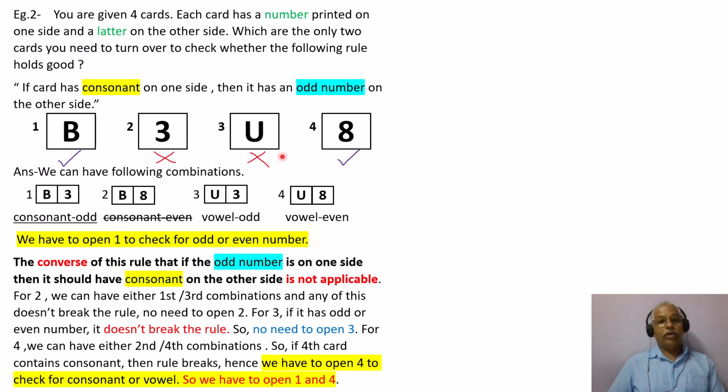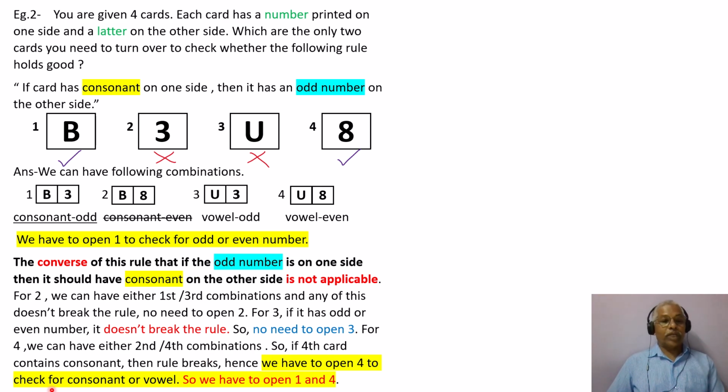Now for 3, if it has odd or even number on the other side, it doesn't break the rule. So we need not open even third one. So no need to open 3. But for 4, we can have second combination, which is not allowed, or fourth, vowel and even.